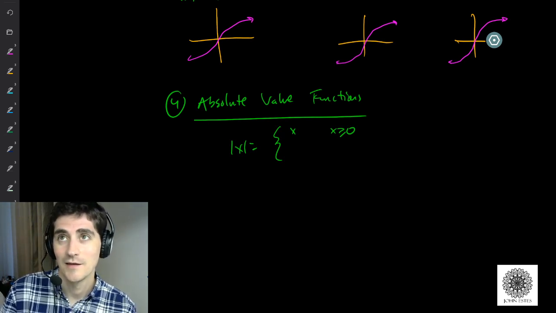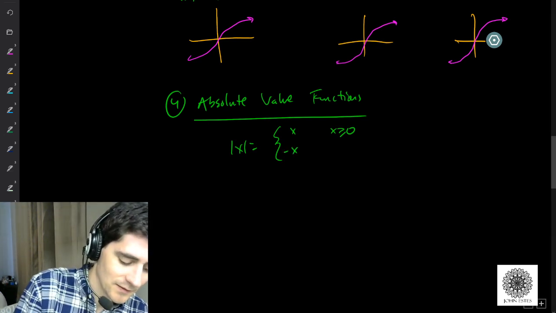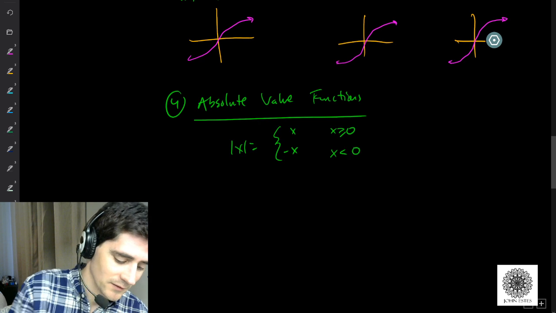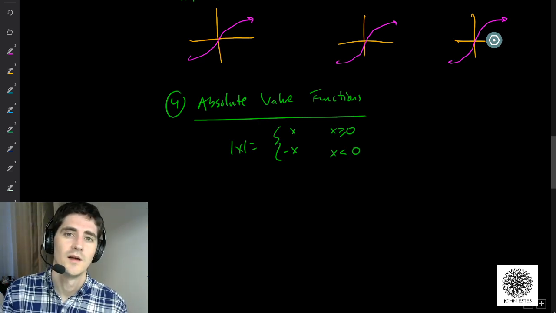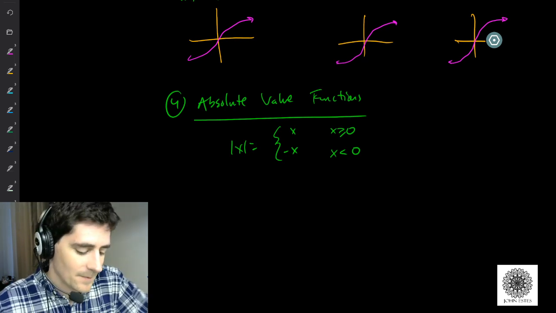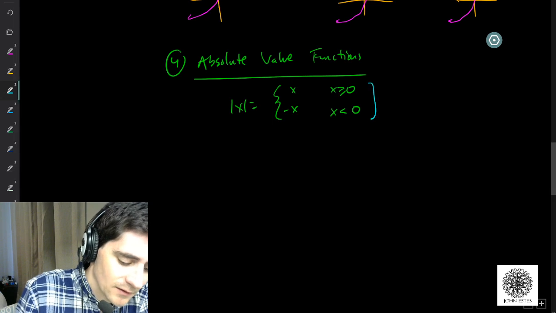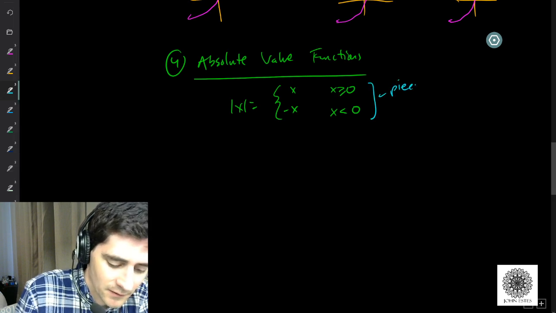Now, one way you could think of that is that -6 gives a negative x for x less than 0. If you plug in a negative number, you have to multiply it by -1 to get back to the positive. So these kinds of functions that are broken up like this are called piecewise defined functions.